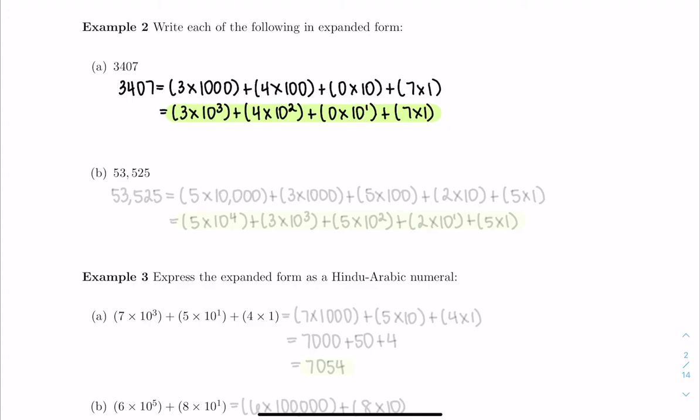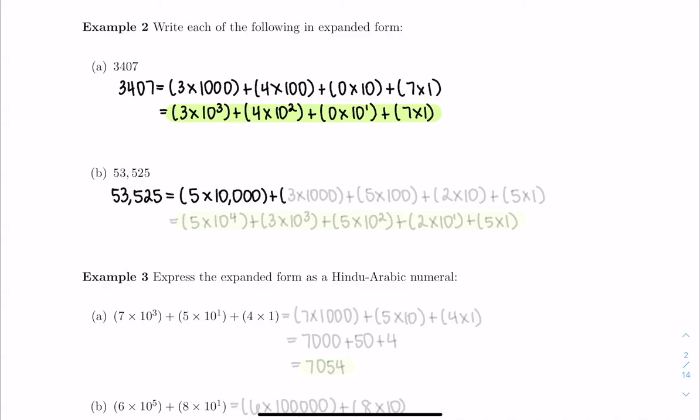Let's try something a little bit more complicated: 53,525. What place value is the first 5, the one that's in front of the 53? That's in the ten-thousands place.